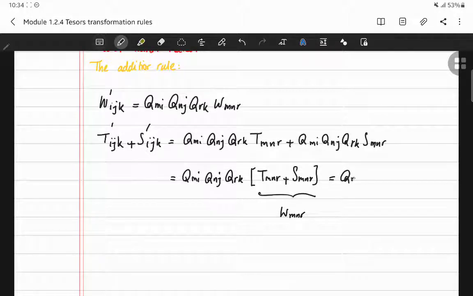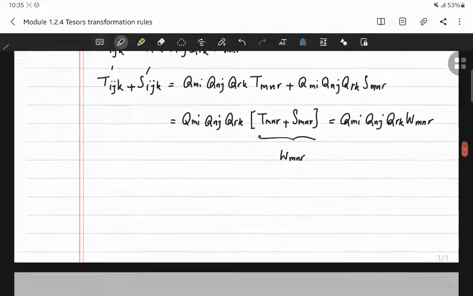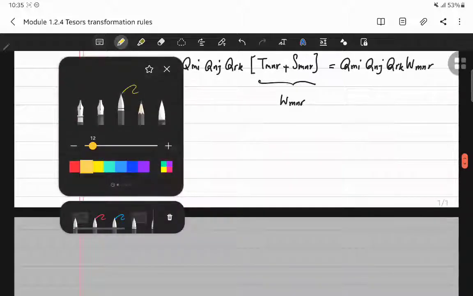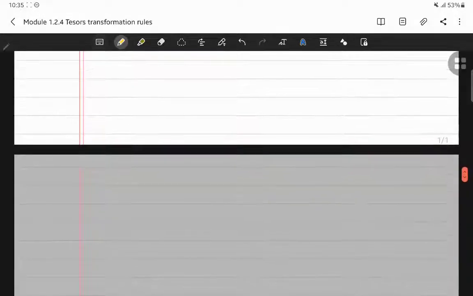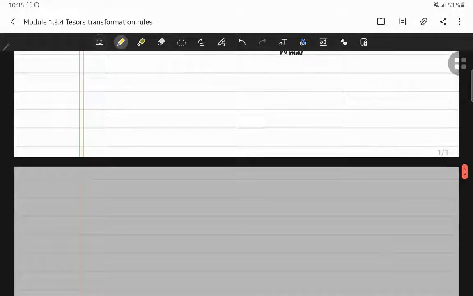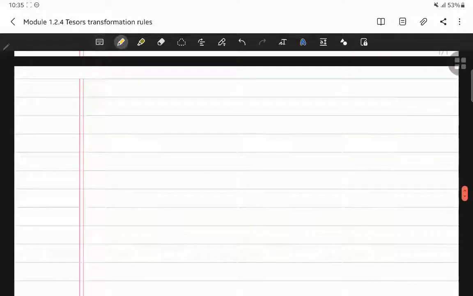So this is Q_mi Q_nj Q_rk W_mnr. So this is the same as what we got here. So the sum of two third order tensors is another third order tensor. So the next rule is the multiplication rule.